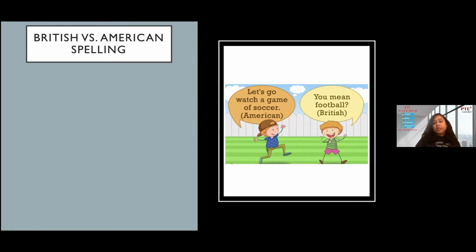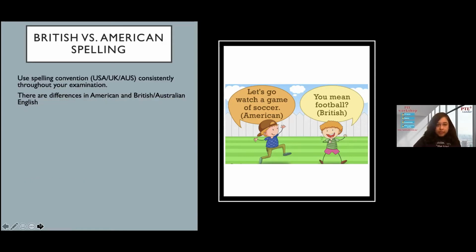Americans say soccer, British people say football. In the same manner, there are some other spelling rules that are slightly different in America and in the United Kingdom. We will have a look at those rules, and that will help you understand which spelling convention you usually follow and which one you want to follow for future practice.